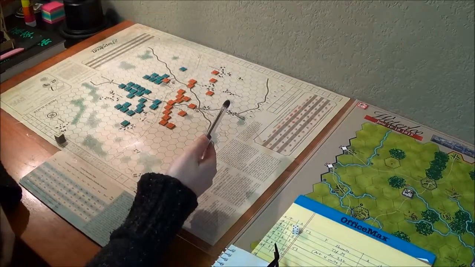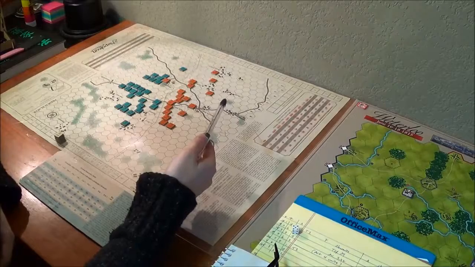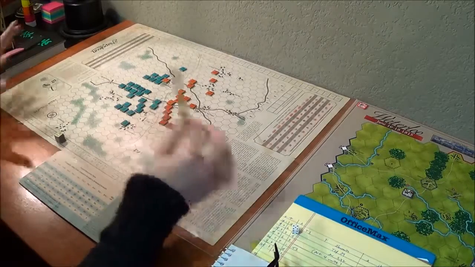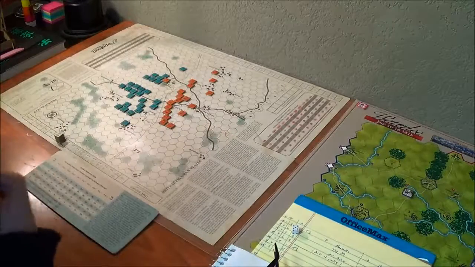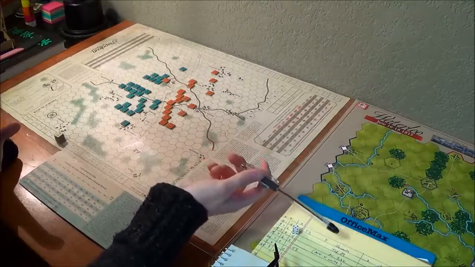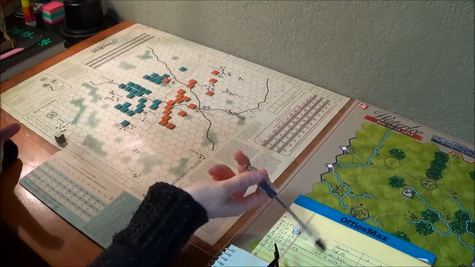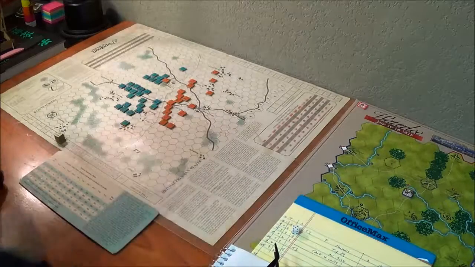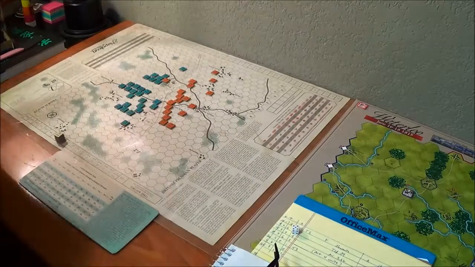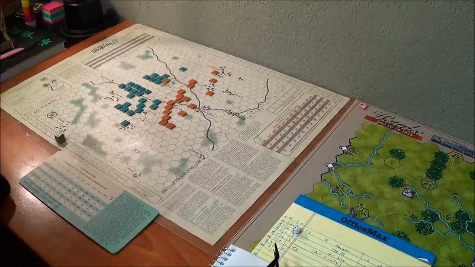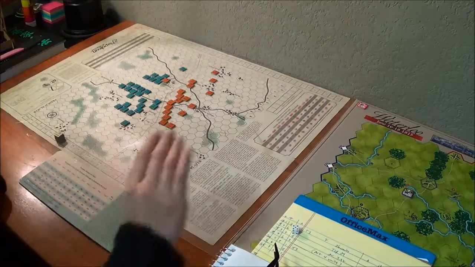With so few units, although Napoleon at Waterloo probably has the most counters that I've seen in a game that I personally have played, what I've done already here is count up the number of units and average out the strength points per unit. We have 26 French units on the board at the beginning of the game. No others arrive.